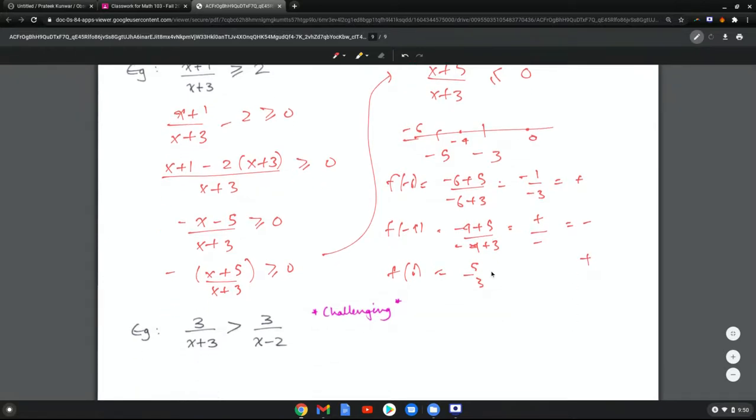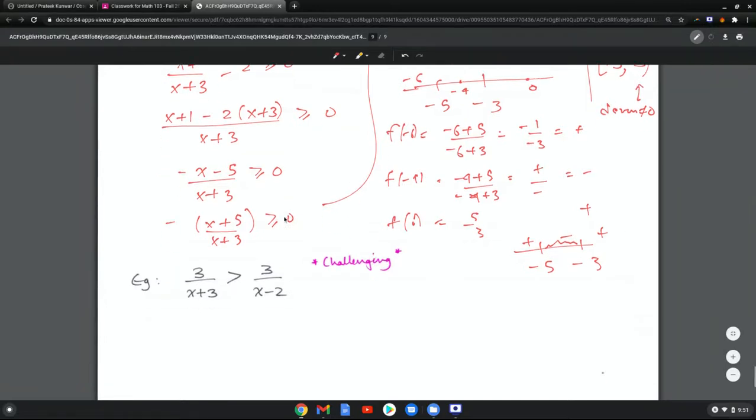So redrawing the regions, what I have is negative 5, negative 3, positive, negative, positive. So the solution is the region in between. And there's an equality sign here, which means I can have negative 5, but I can never have negative 3, because that makes the denominator 0. So I can never have negative 3.